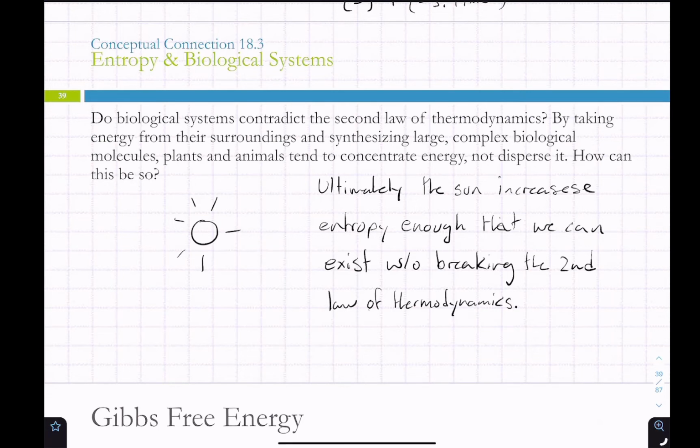And then, of course, on a smaller scale, every one of these processes is not efficient and is releasing energy, and is also increasing entropy further.